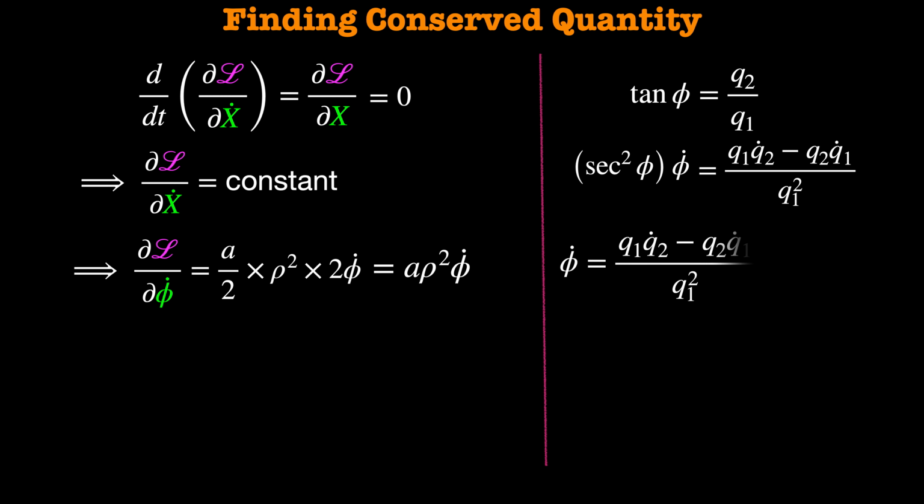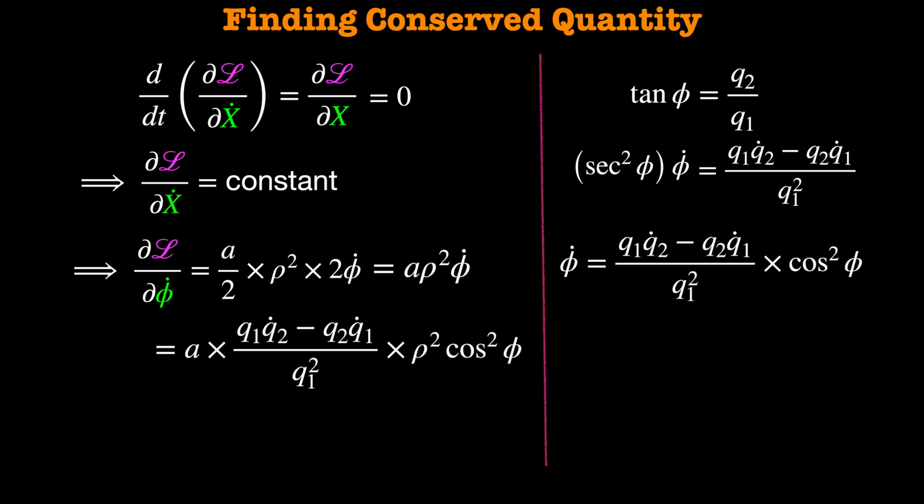So now phi dot will be obviously this term which contains q1 q2 and a term cos square phi. So plug this phi dot into del L by del phi dot, then you will get simply this one.